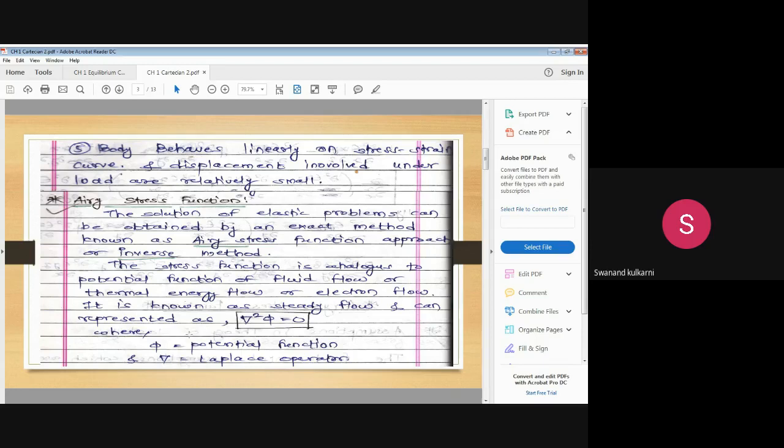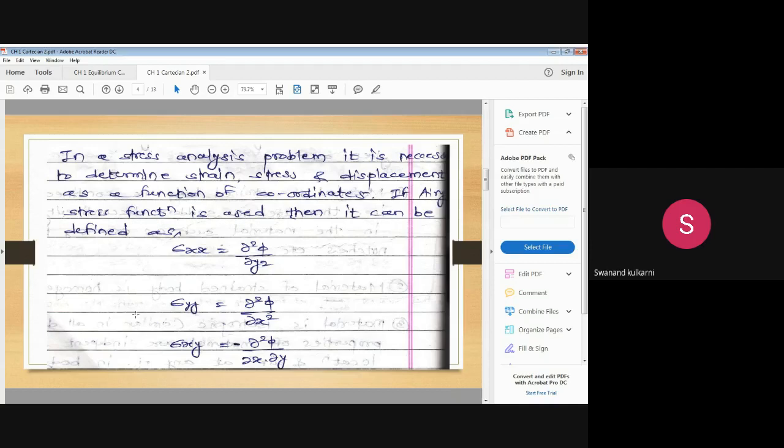So del 2 phi means dou 2 phi by dou x2 plus dou 2 phi by dou y2 is equal to 0. So with reference to this Laplace operator and this potential function, del square phi is equal to 0 is the Airy stress function.